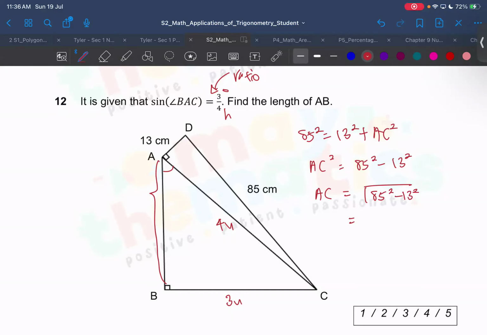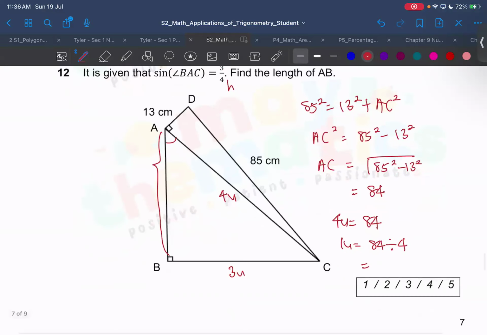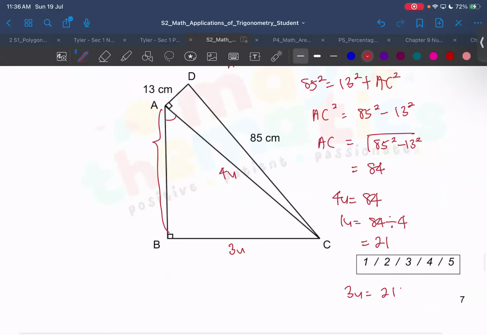So take note, your Pythagoras and your trigo come very closely to your right angled triangle. Can? Okay, so you will get 84 cm. So you already know that 4 units is 84 cm. No? Find 1 unit. Then find 3 unit because I want to know BC also.